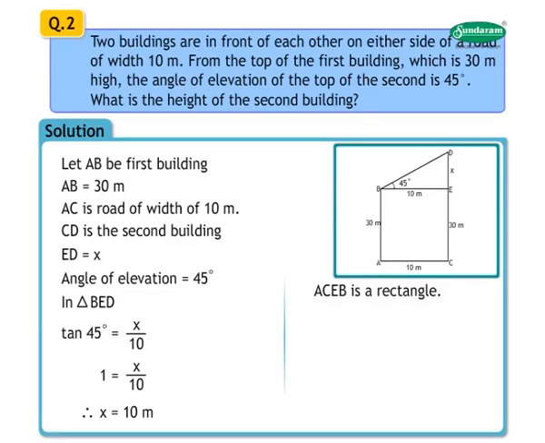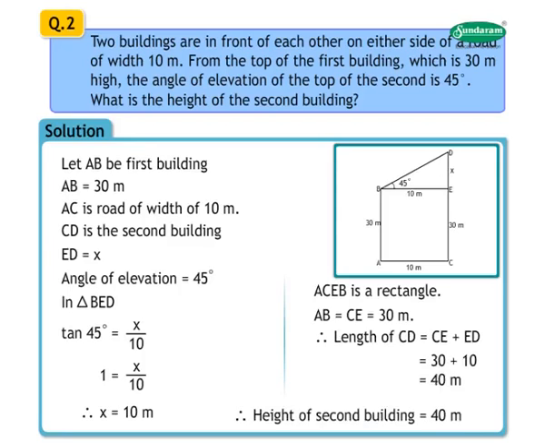ACEB is a rectangle. AB is equal to CE, that is 30 meters. The length of the second building is CE plus ED, that is 30 plus 10 is equal to 40 meters. Therefore, height of second building is equal to 40 meters.